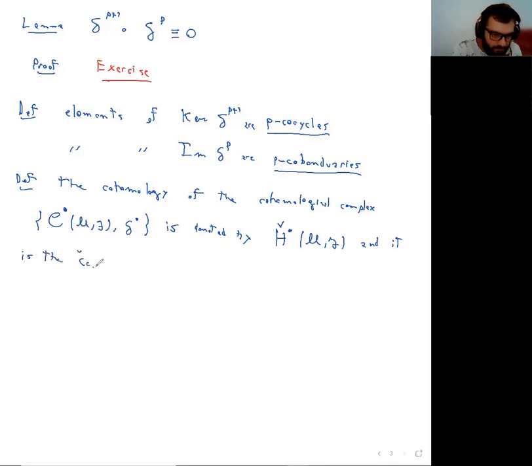The Czech cohomology of F with respect to U.